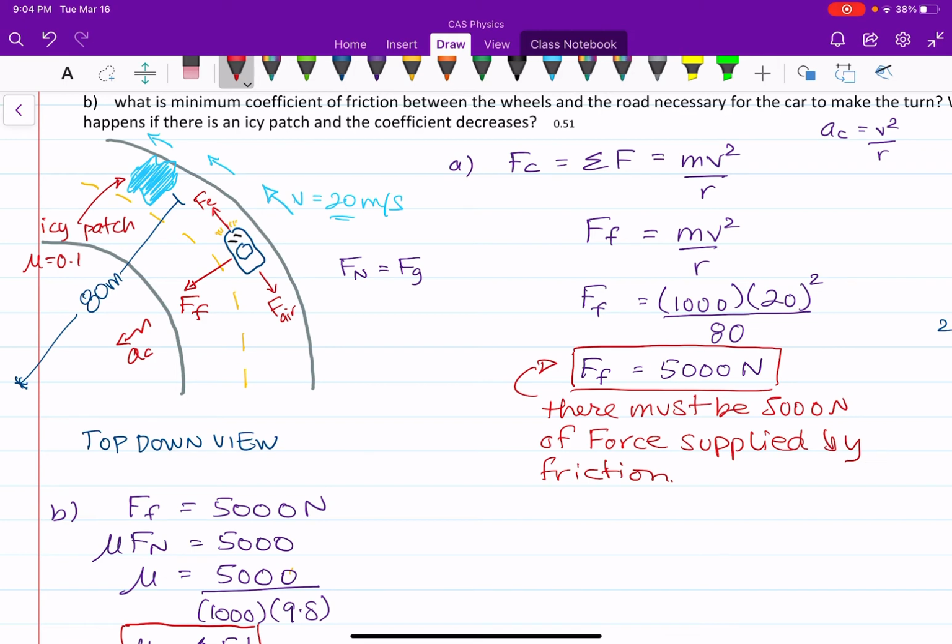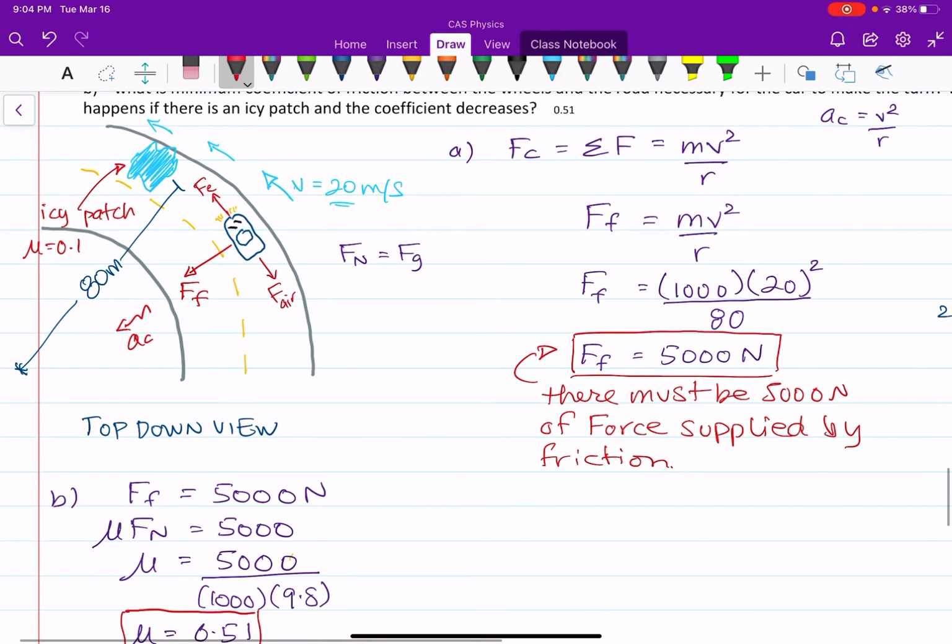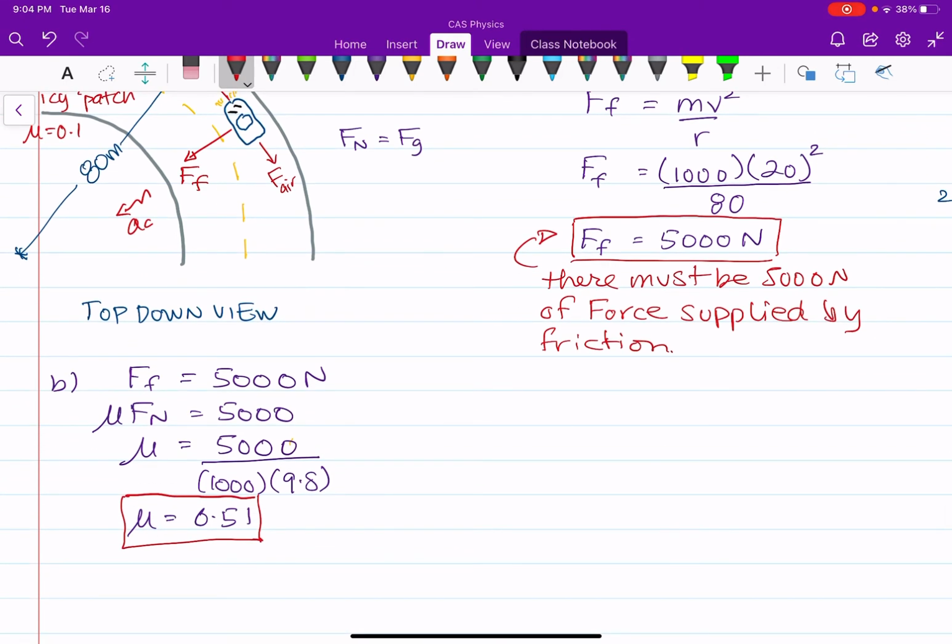It's greatly reduced. So if mu is equal to 0.1, then on the icy patch, the force of friction F_f equals mu F_n, which equals 0.1 times 9.8 times 1,000. So in this case, it's 980 newtons.